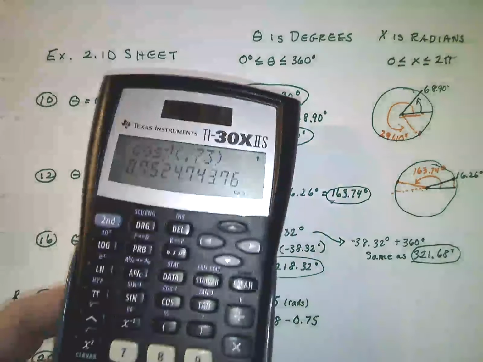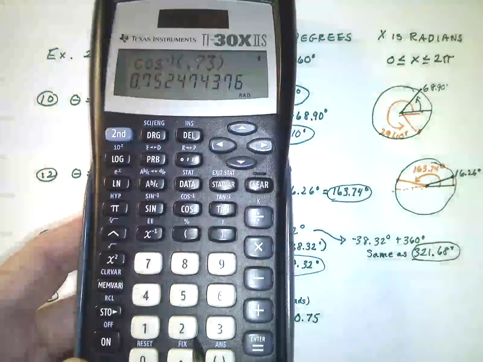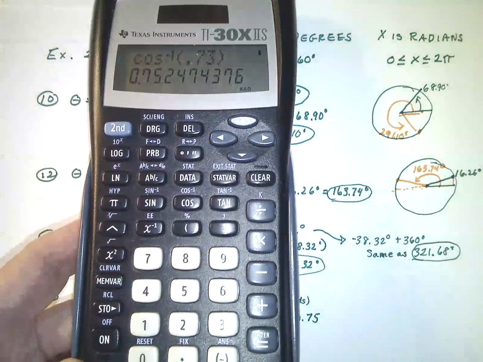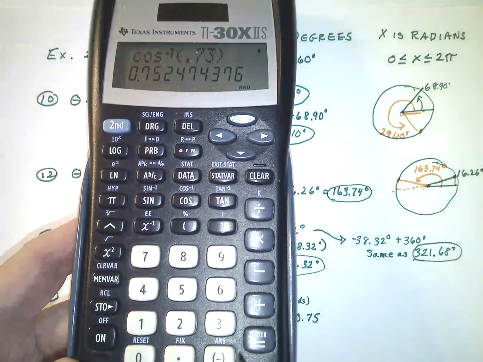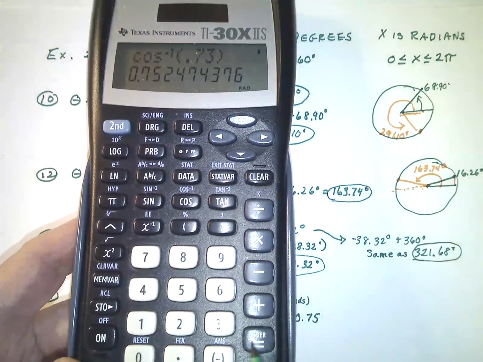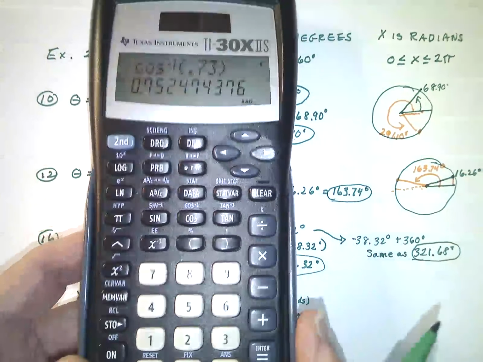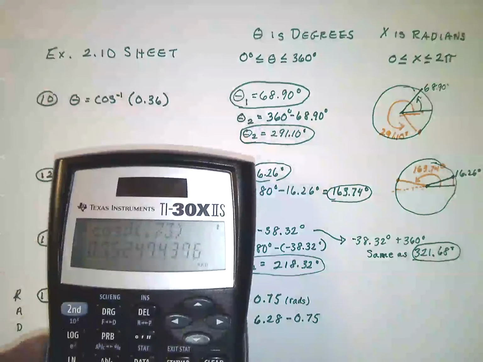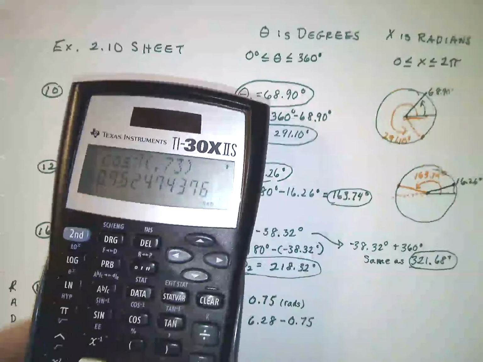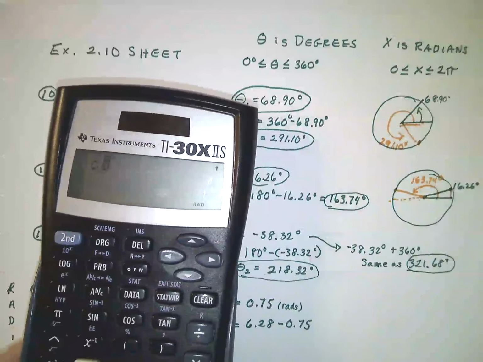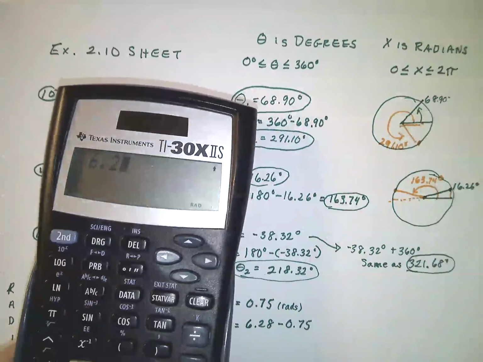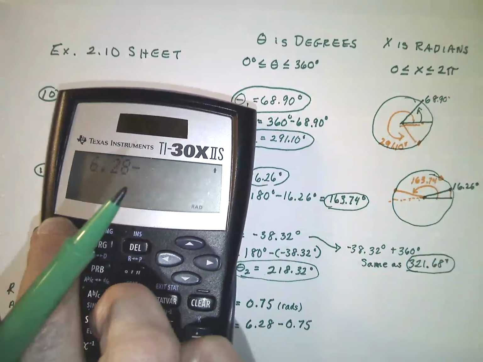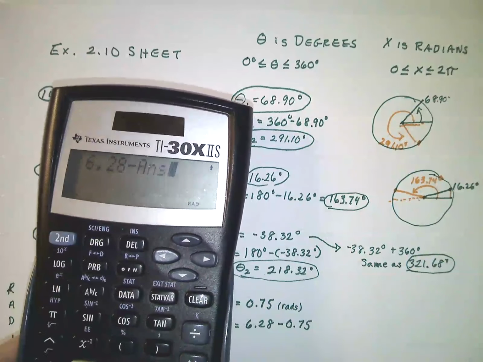Now you can just retype that in the calculator because it's so short. But you can look around and see if you find a key that has the letters ANS. On this particular calculator model, it's the second function on the negative key. On some calculators, it's the second function on the equals key. So another way to do this, especially if it's a much longer decimal than 2 places, is you type in, for this case, 6.28 minus, and ask it for second answer.